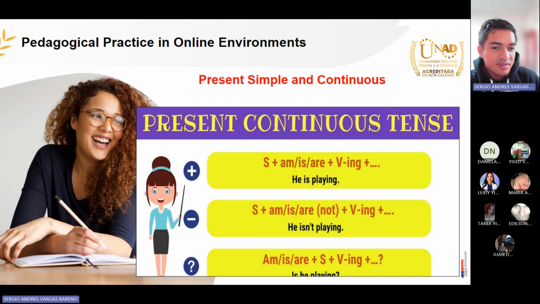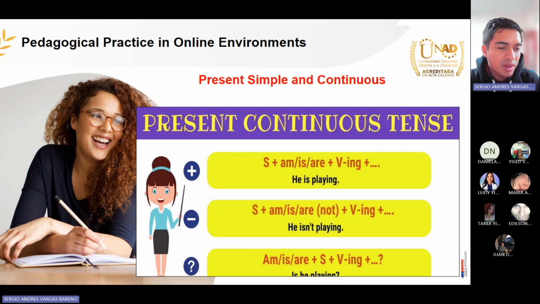Example, affirmative sentence: He is playing. What could be a complement? He is playing in the park. That's the complement, right? Negative sentence: the same structure, but you add not to make the distinction of negative, and you put not between is and the action verb.